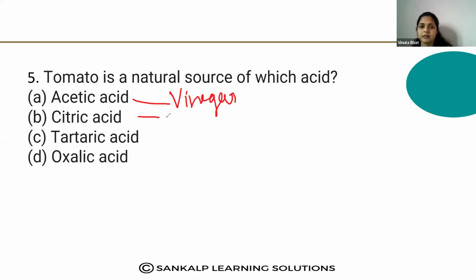Citric acid is found in citrus fruits. Tartaric acid is found in tamarind. Then oxalic acid is found in tomato. Okay, option D.